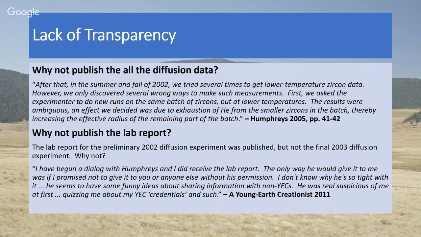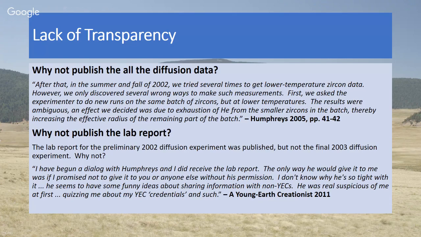They dismiss it by saying that helium was exhausted from the smaller zircons and that increased the effective radius of the remaining part of the batch. Essentially, that's his way of saying the diffusivities came out lower than what they wanted. They ran experiments, the diffusivities came out lower than they wanted.